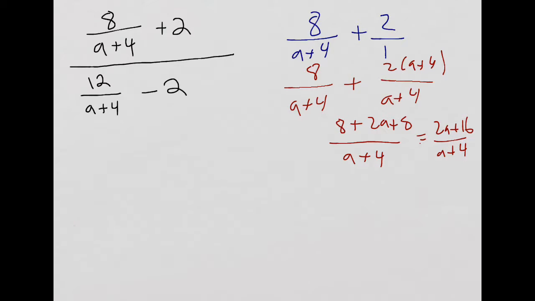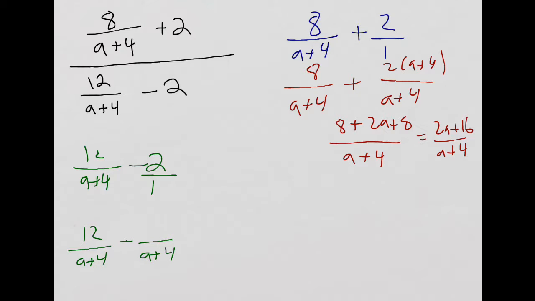Now we should do the same with the denominator. We get 12 over a plus 4 minus 2. Same idea, the 2 also has a denominator, in this case still 1. So the LCD should be a plus 4. If we multiply this by a plus 4, we're also going to multiply the numerator by a plus 4. So let's go ahead and do that.